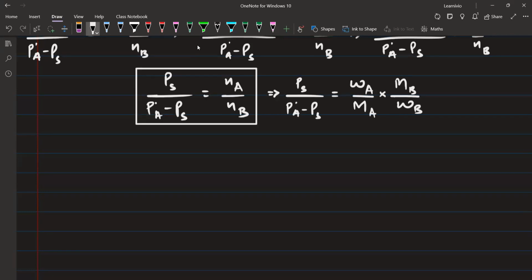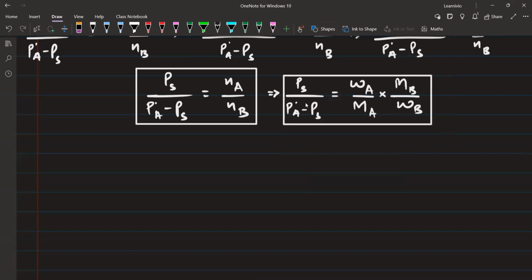So you can write this also. So from here you can calculate the molar mass of solute. Determination of molar mass of solute can be done from here. Okay. So you use this equation if we want to determine the molar mass of the solute.